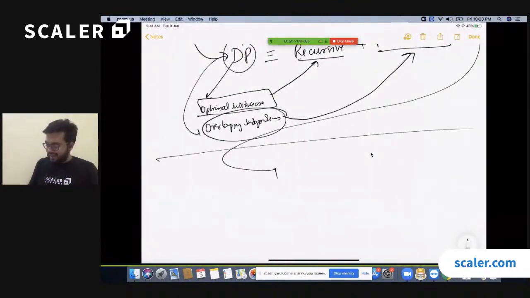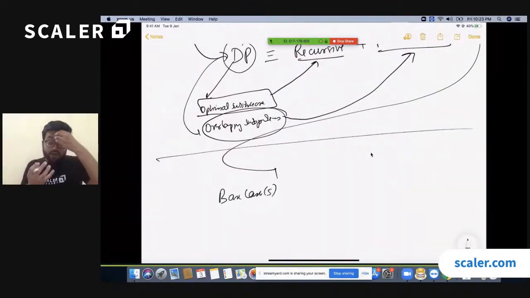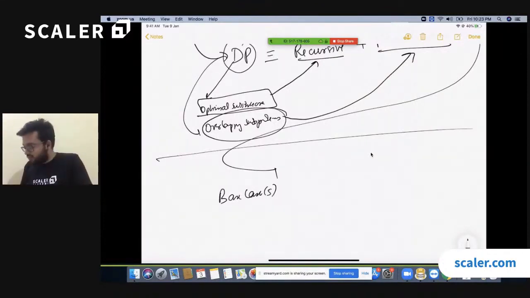The bottom-up approach basically is that you start with your base case, and utilizing whatever information you have, you compute the answer for the next bigger state that you can compute. So using the base case, you compute a bigger answer.